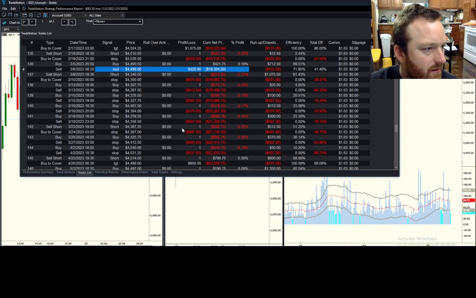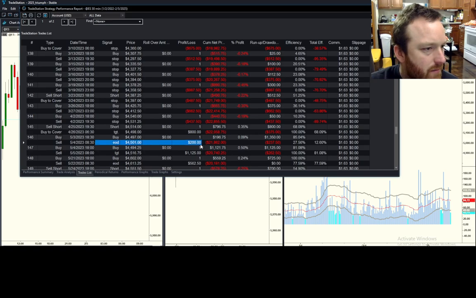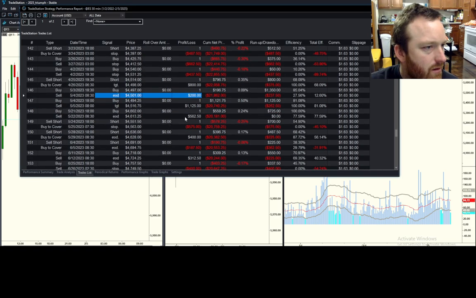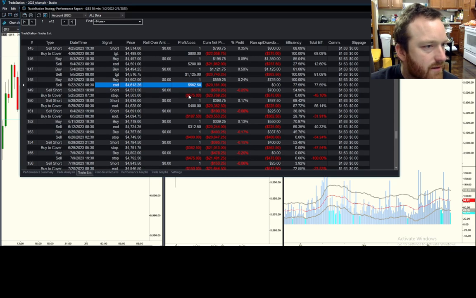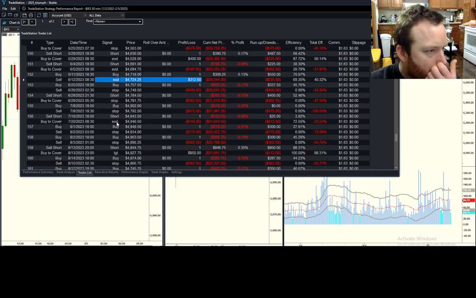About 1 in 10 looks like, maybe a little bit more. So I'm fine with that. Oh damn, we got 1, 2, 3, 4 end of day exits almost in a row here, where we're losing about 1R. Interesting. Okay. Interesting.